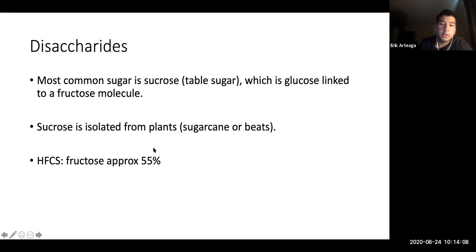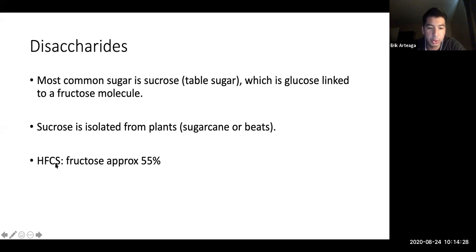So disaccharides. The most common sugar is sucrose, so table sugar, which is glucose linked to a fructose molecule. Sucrose is isolated from plants, sugarcane or beets. The majority of the table sugar we get is actually from beets, not from sugarcane.